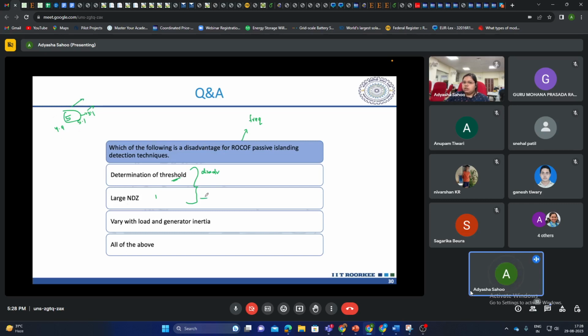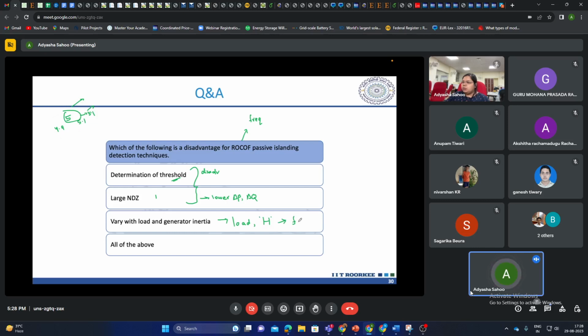That is, for lower mismatches, they are not able to detect islanding, for lower delta P and delta Q. And additionally, since we have a frequency here, this frequency will vary as the load varies and also as the H of the generator varies.